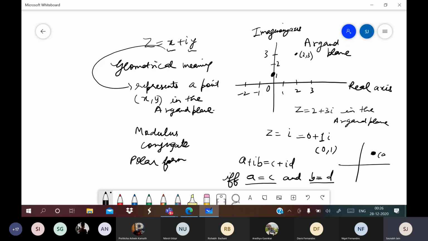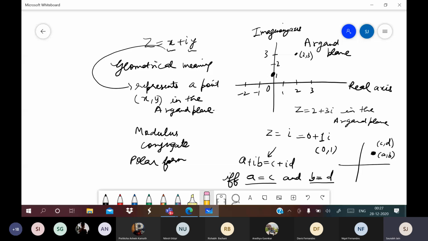If I say it is a comma b and at the same time I want to say that it is c comma d, then what is the meaning? It means that a will be equal to c and b will be equal to d, because both of them are representing same points, because it is written equal to here, right? So their real parts and imaginary parts must be equal, only then it can happen. So this was about complex number, its meaning and equality of complex numbers, right?